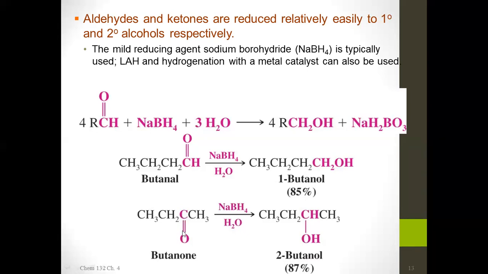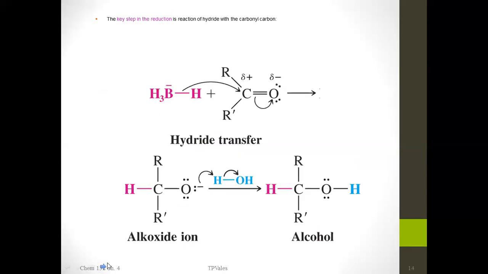The oxygen now will be negatively charged, and this will abstract the hydrogen from water to get your OH. Then you have your 2 butanol here. So again, from a ketone, you get a 2 degree alcohol. From an aldehyde, you get a 1 degree alcohol.